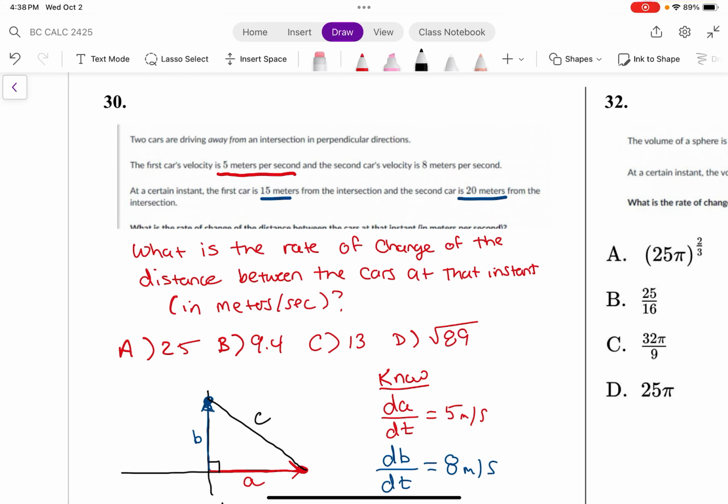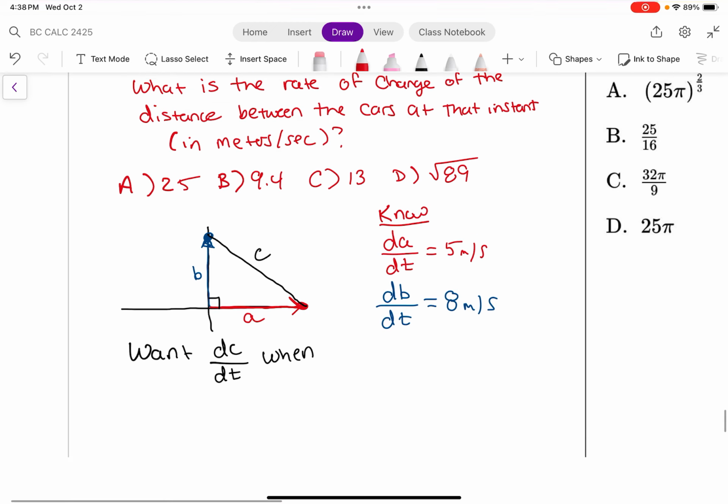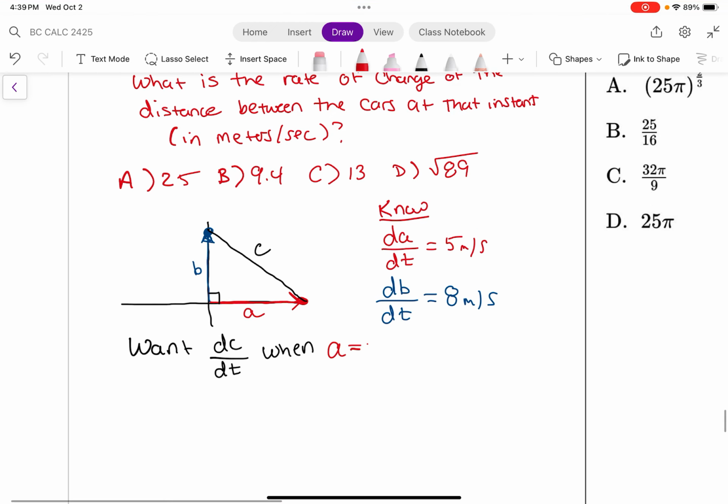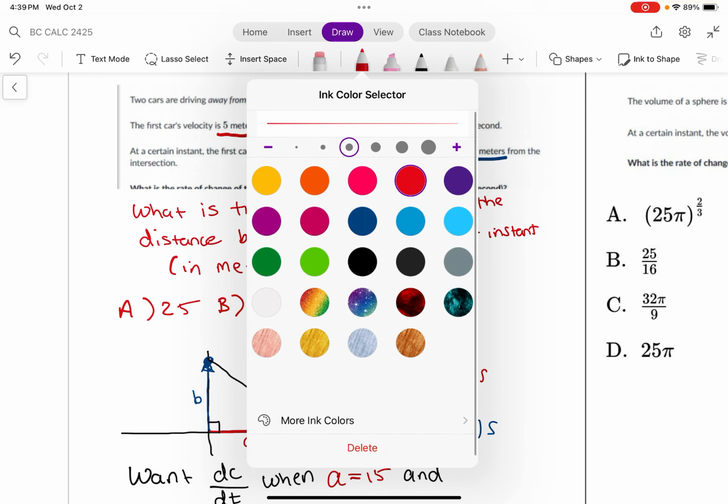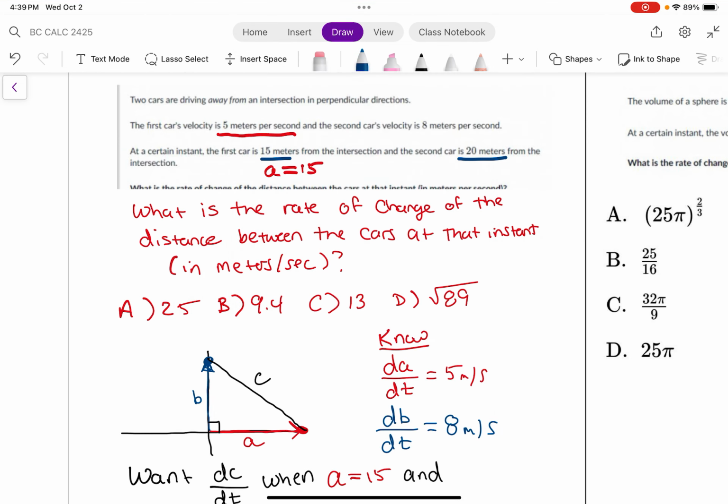When the first car is 15 meters. The first car is A, so it's when A is 15, when that distance is 15. And it's when the second car is 20 meters. So the second car being 20 meters translates in our diagram to B being 20.